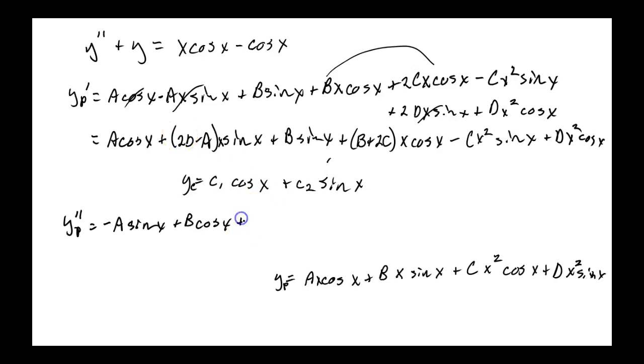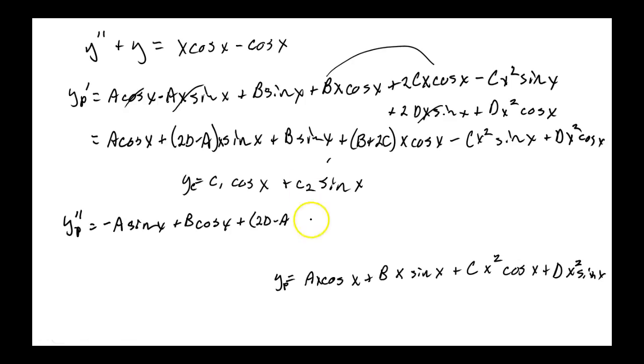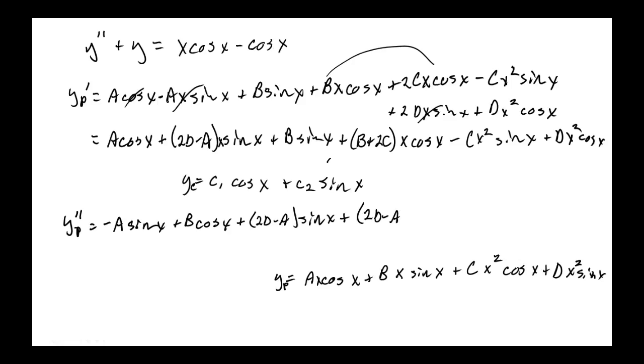Let's just start with the one we've got. Plus 2d minus a sine x. Plus 2d minus a x cosine x.